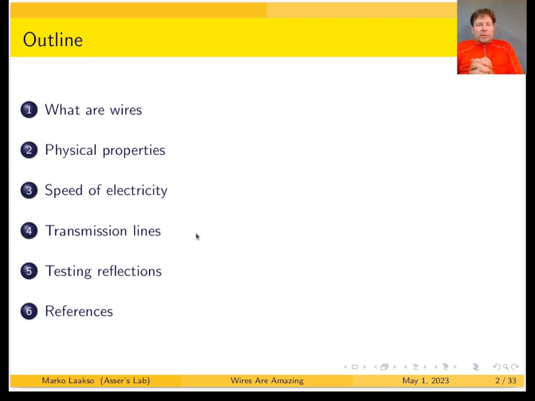And that will take us to transmission lines, where we will discuss the transmission of power from one place to the other. We will also have a look at a practical lab example of how the signal propagates along the wire. And in the end, I have provided some links which are also used in this presentation.